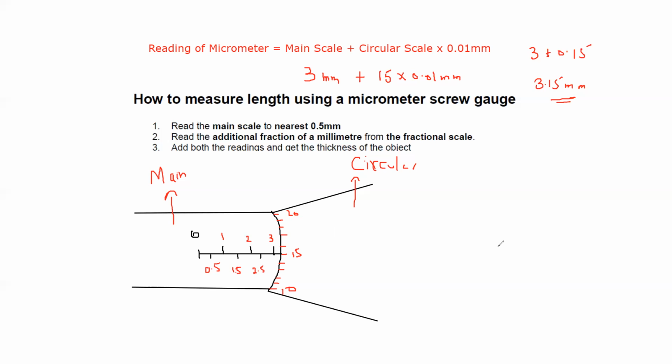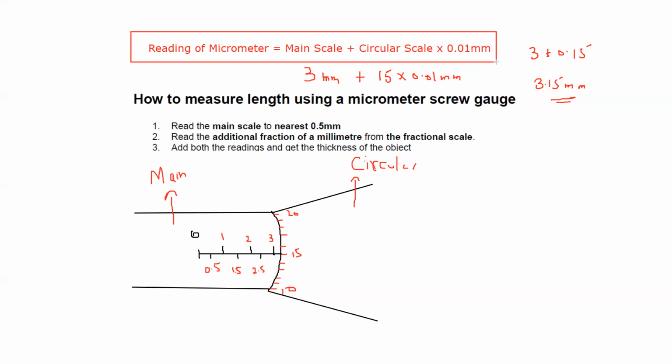You're not clear how you measure a micrometer? No, you don't measure a micrometer. This is a formula which we use to calculate the reading of the micrometer. So the formula is the main scale. Main scale means the last point which is visible to you. The main scale reading is the last point which is visible.